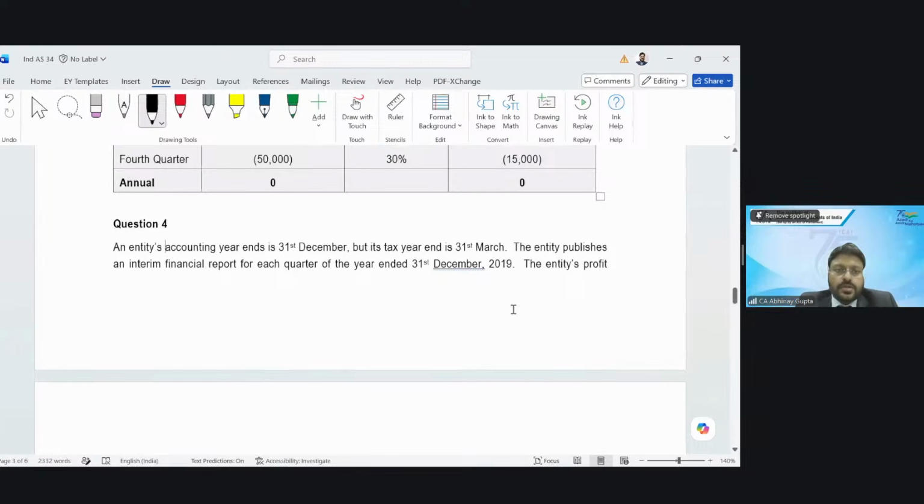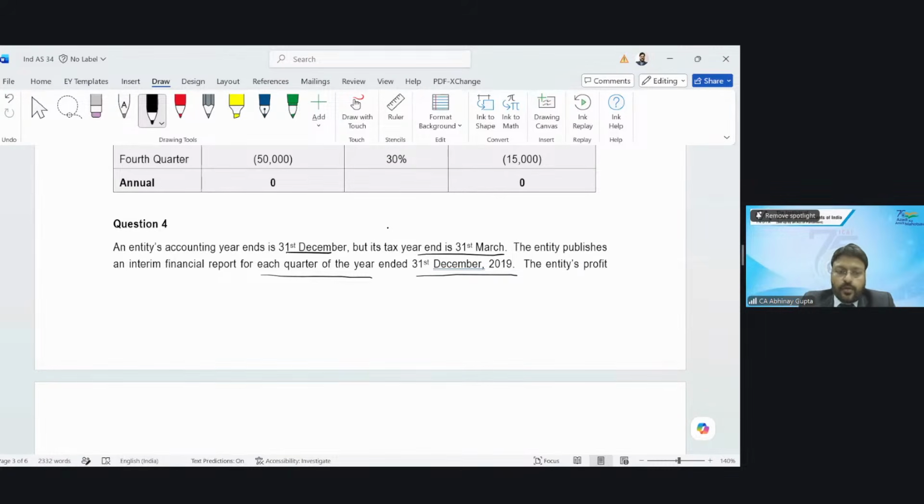Let's do question number 4. An entity's accounting year ends on 31st December, but its tax year ends on 31st March, right? So the company is preparing the financial statements for the calendar year, but as per the income tax, the year ends at 31st March, the financial year. The entity publishes interim financial reporting for each quarter for the year ended 31st December 2019.